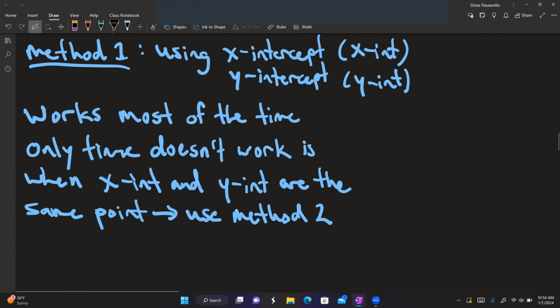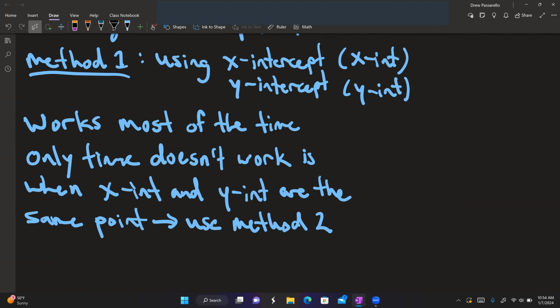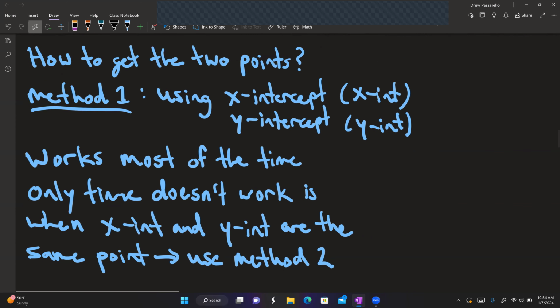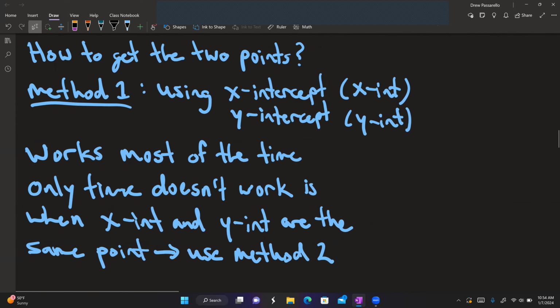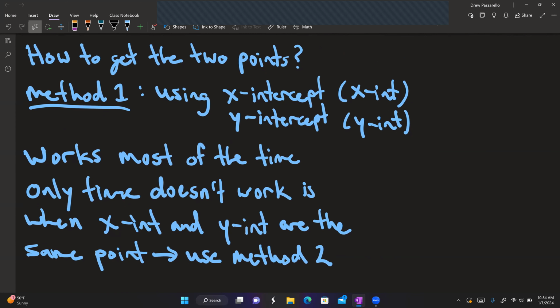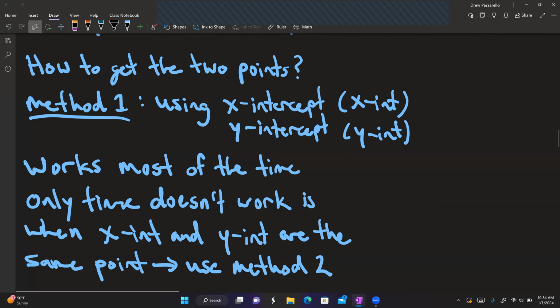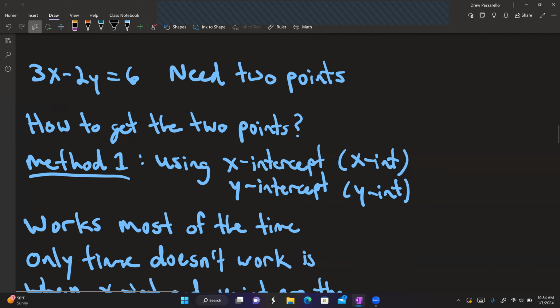All right, so maybe pause the video and write that down. I'm going to first work the problem out using this method, and then I'll talk about method 2. Now, this is a problem where it works. But so most of the time, using the x-intercept and y-intercept will work for the 2 points to plot the line or graph the line.